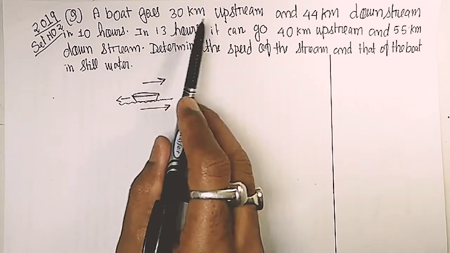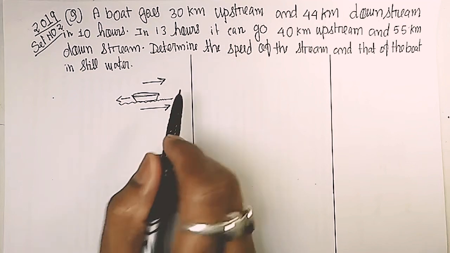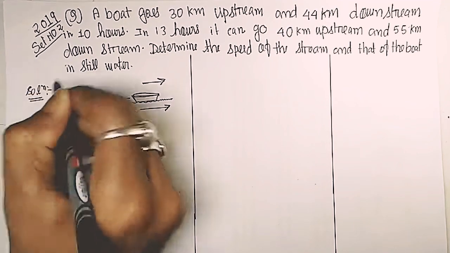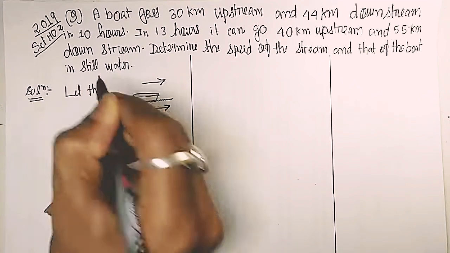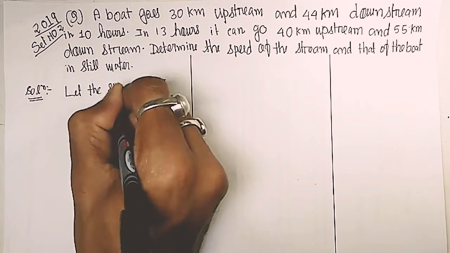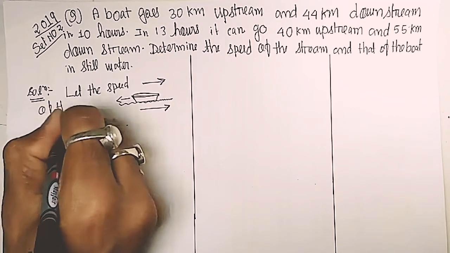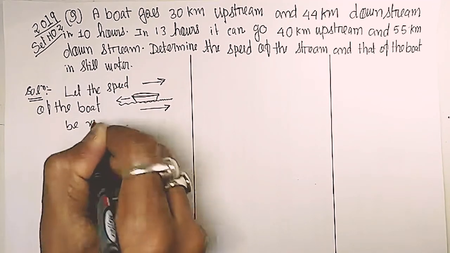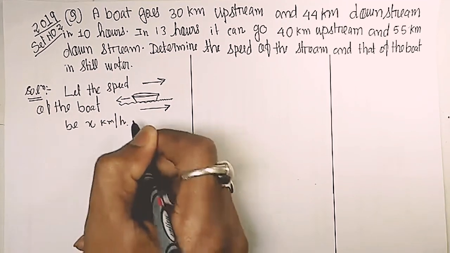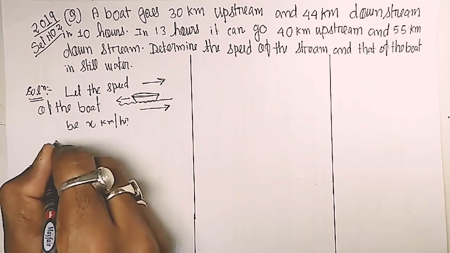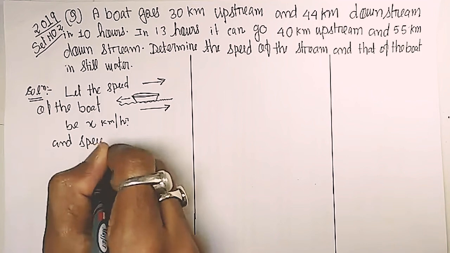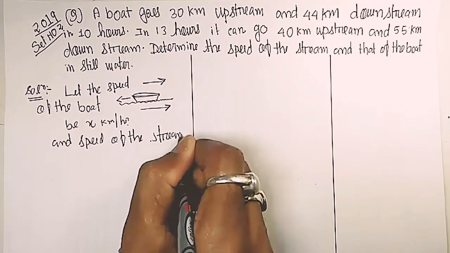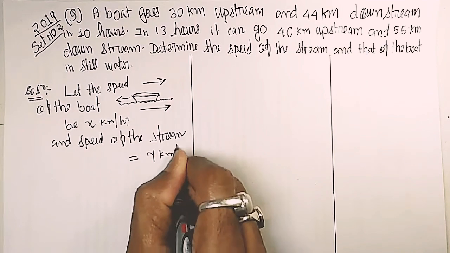So when the boat is moving in the opposite direction of the flow, what will their relative speed be? Suppose, let the speed of the boat be x km per hour, and the speed of the stream equals y km per hour.